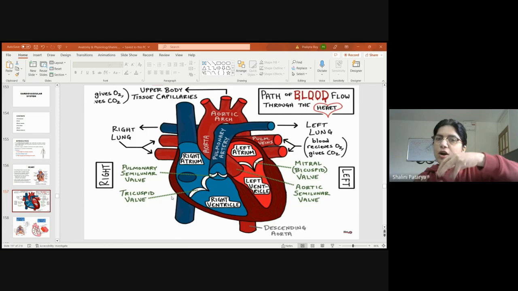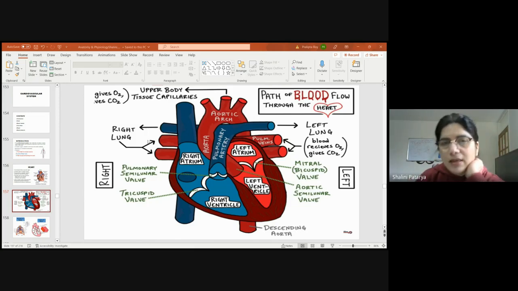Once it is getting contracted, it is like when you squeeze a toothpaste tube in the morning, right? Here also it will squeeze. Once it squeezes, the blood cannot flow back to the right atrium again, so it will flow to the upper side.